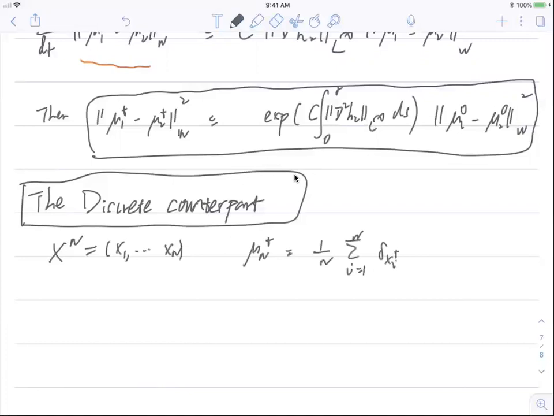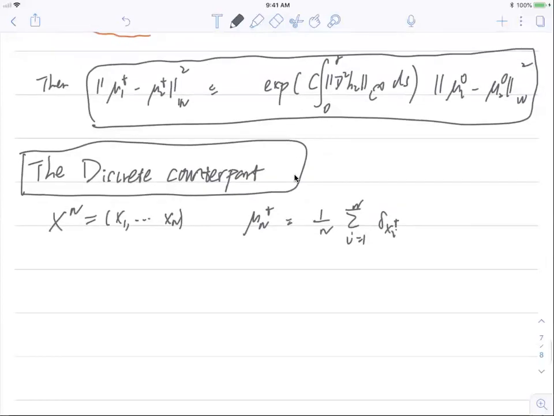If we change her notation a little bit, she used this to compare the distance between the particle system and the limit, right? So this is the notation appearing in her paper.